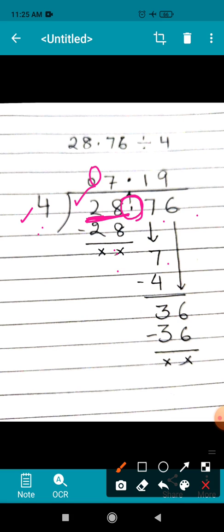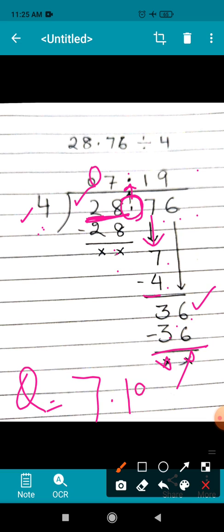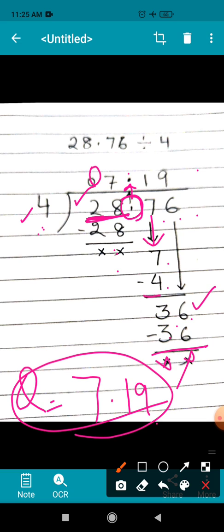So you will bring this decimal to the quotient place. Now after that you will copy down the next digit. Read the table. 4 1s are 4. 7 minus 4 is 3. Copy down the next digit. 36. 4 9s are 36 and the remainder is 0. So the quotient will be 7.19. Children, hope both methods are clear among you all.